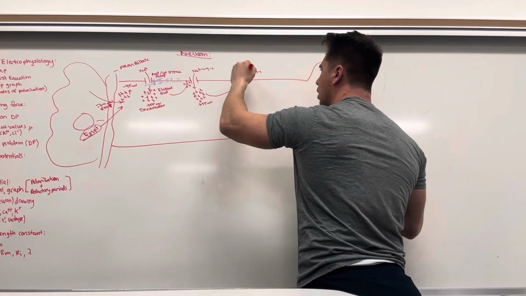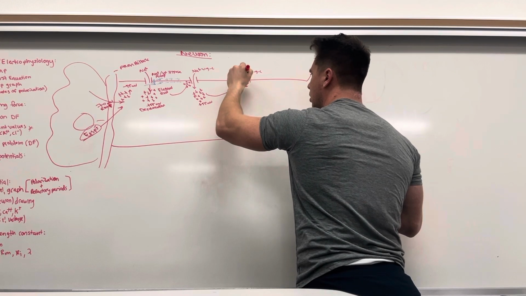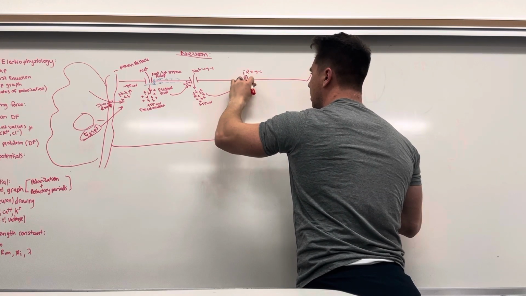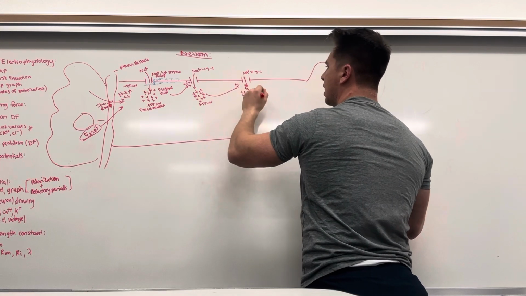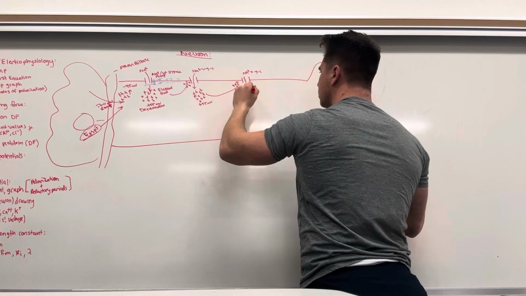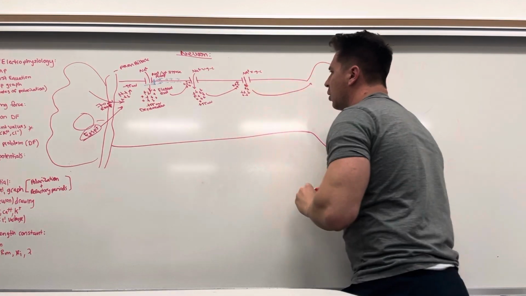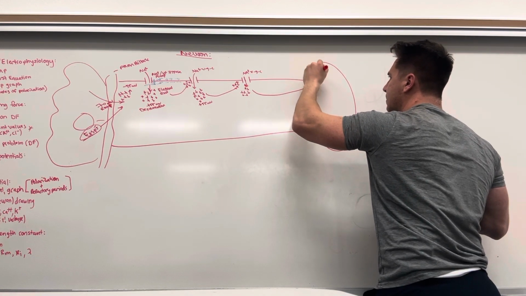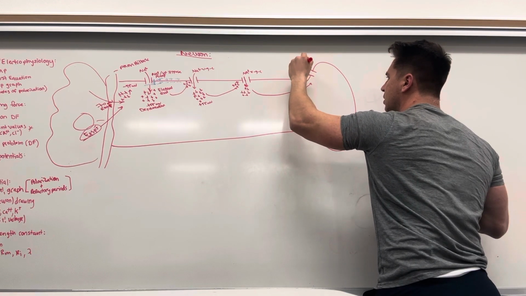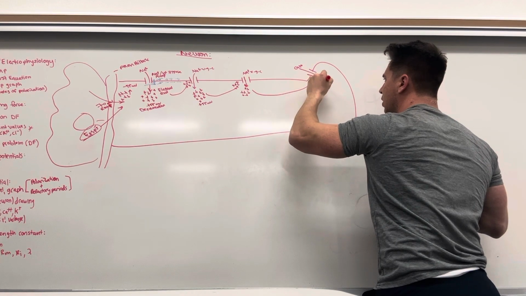And then, let's just say for simplicity's sake, we get the same thing coming in here. Boom. We get that positive charge letting in. And then this comes over and it's going to activate the Ca++ calcium channel where calcium will flood into the cell.